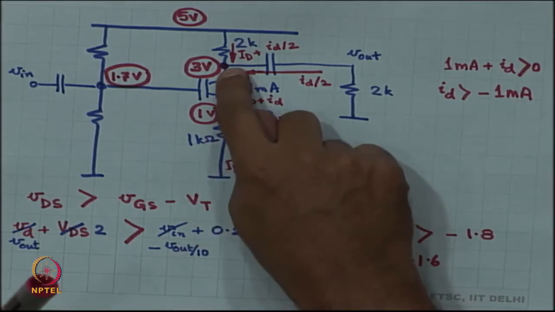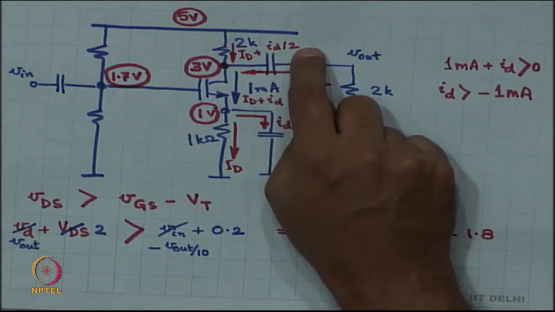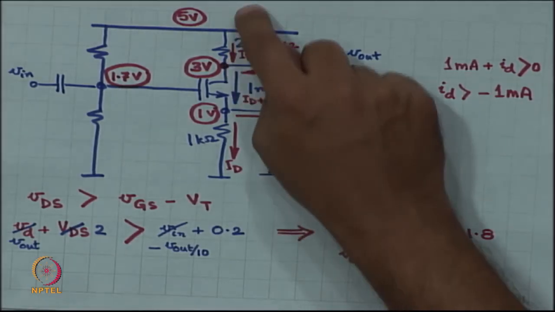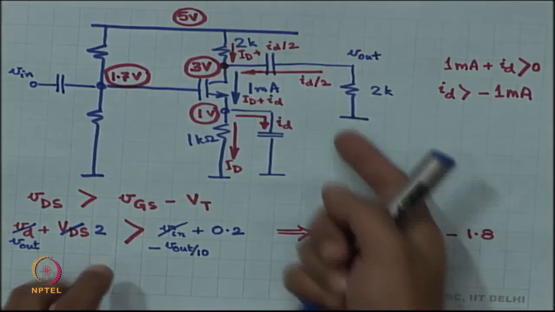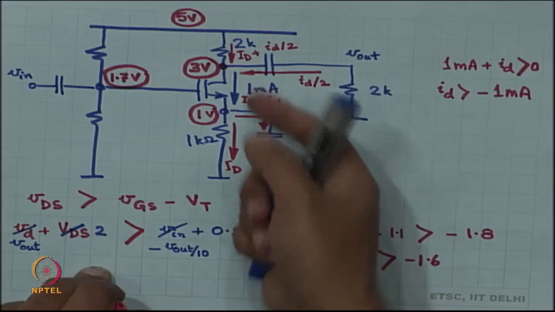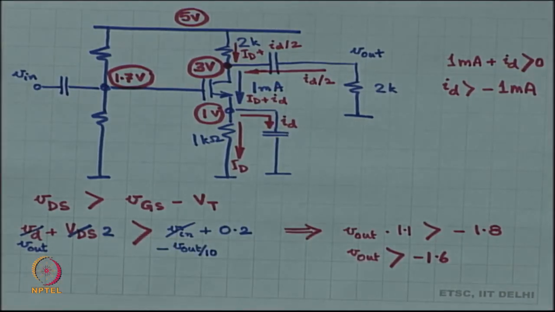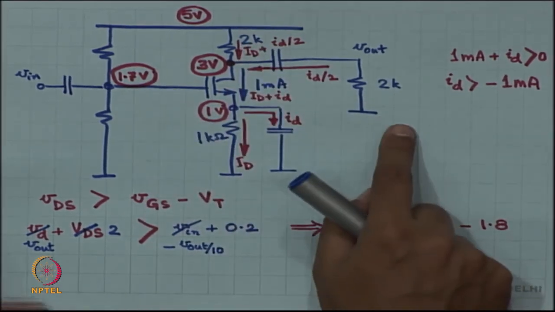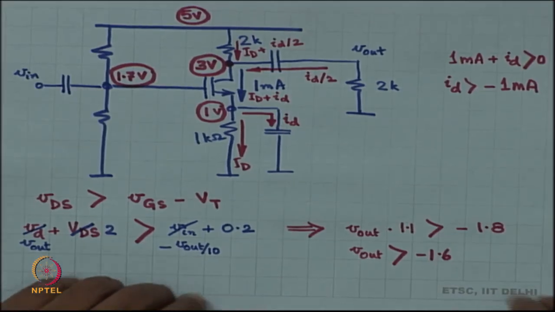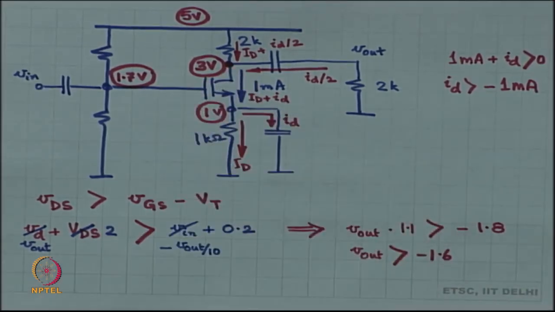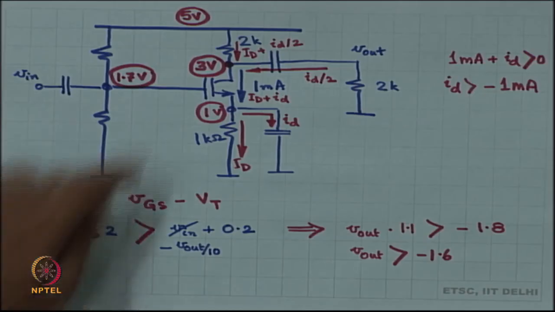Now, small id by 2 is the current, the signal current coming from the drain resistor. Small id by 2 is the signal current coming from the load. Fine, it is an equal split because these two resistors happen to be equal. What is going to be the change in V out? What is the relationship between V out and small id? Yes.